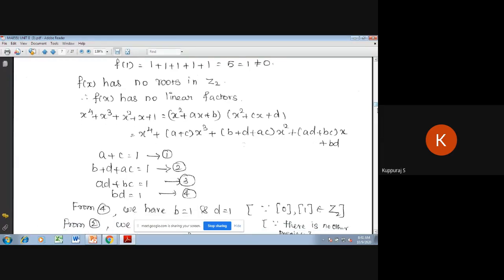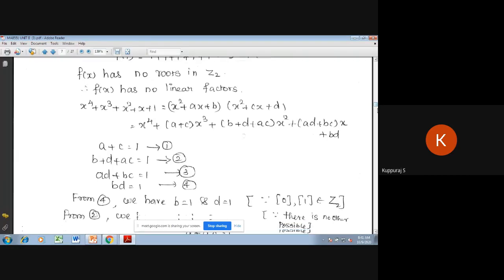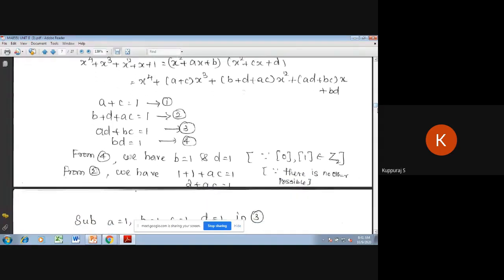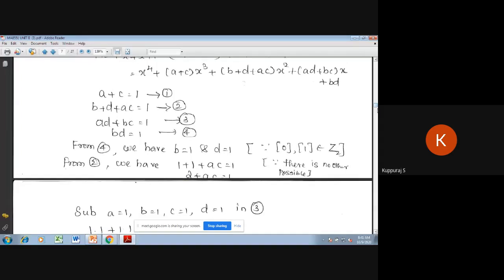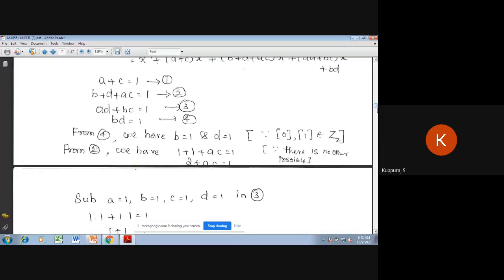Consider these as equations 1, 2, 3, 4. So look at equation number 4.